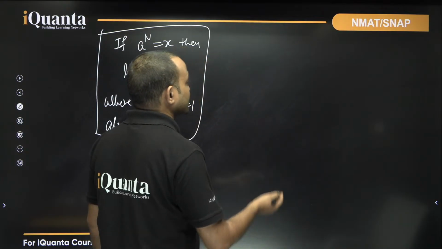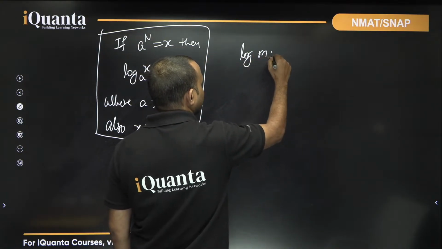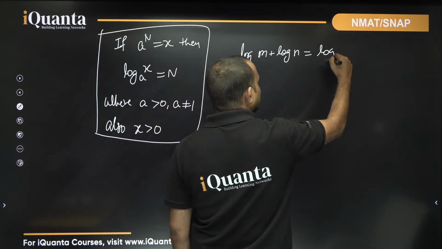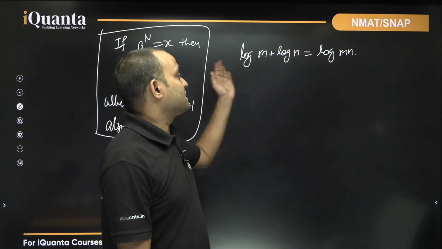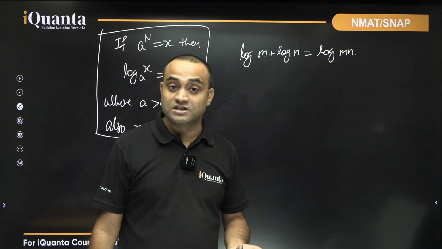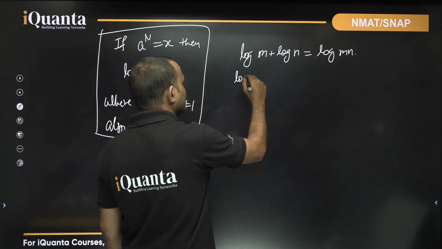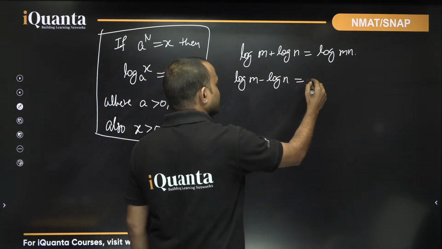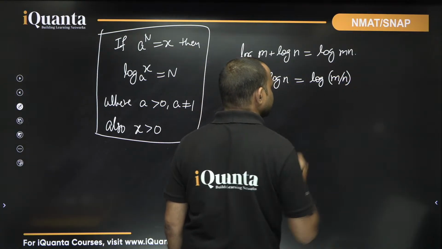Now some important formulae regarding logarithm: log m plus log n is equal to log of m into n. The base could be anything, but it would be common, following the condition that the base should be greater than 0 and cannot be equal to 1. Then log m minus log n will be equal to log of m divided by n.